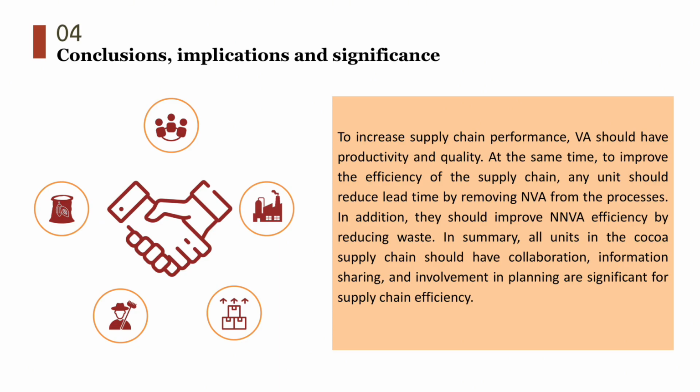In addition, they should improve NNVA efficiency by reducing waste. In summary, all units in the cocoa supply chain should have collaboration, information sharing, and involvement in planning, which are significant for supply chain efficiency.